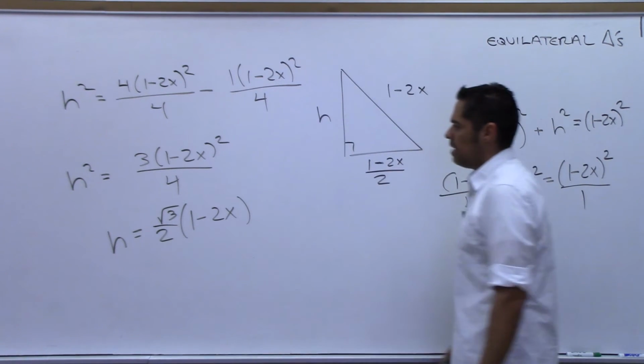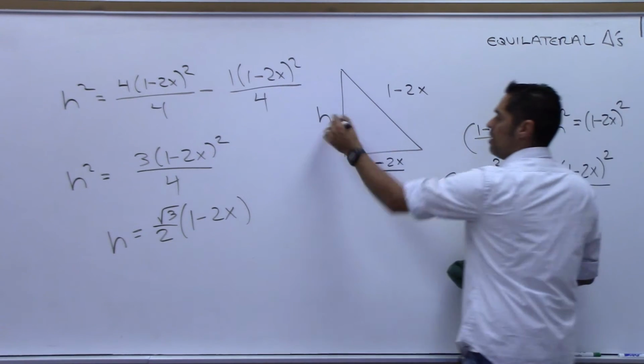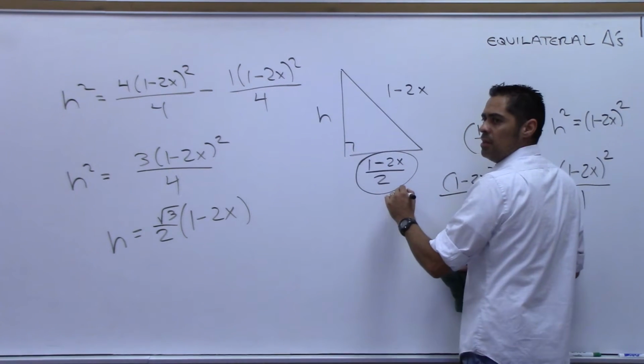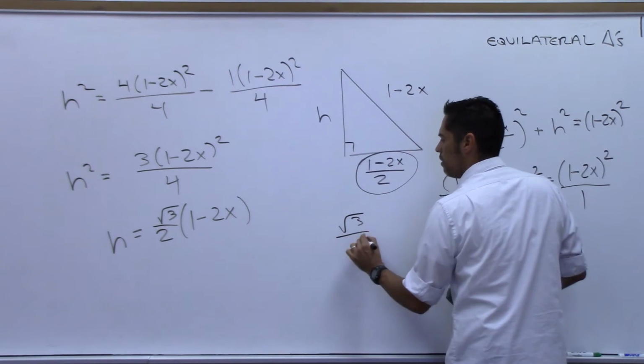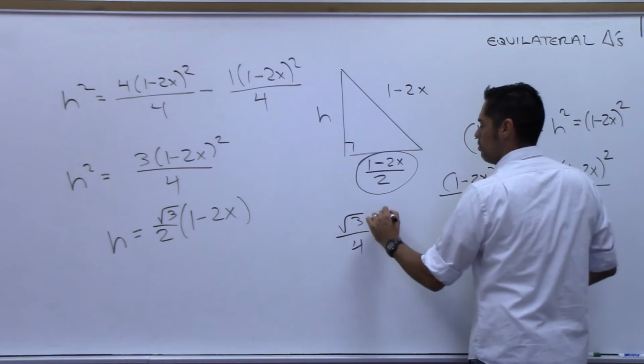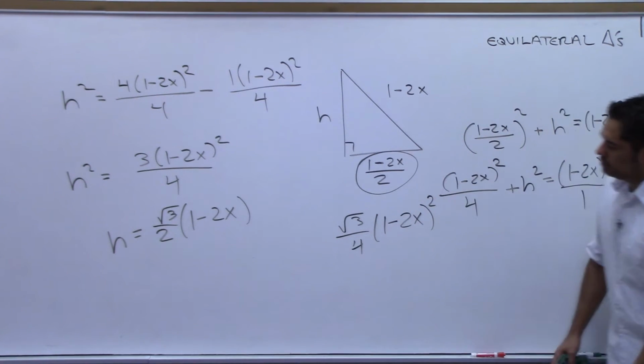That's h, right? That's h, but this is the base. So multiply this times this, and what would you get? Root 3 over 4 times (1 minus 2x) squared.